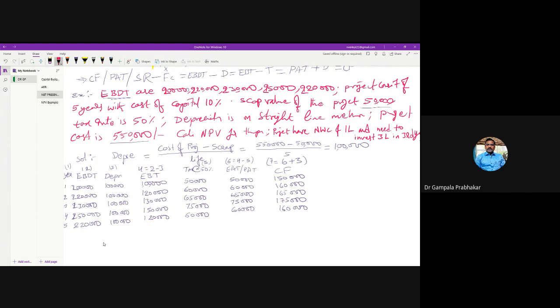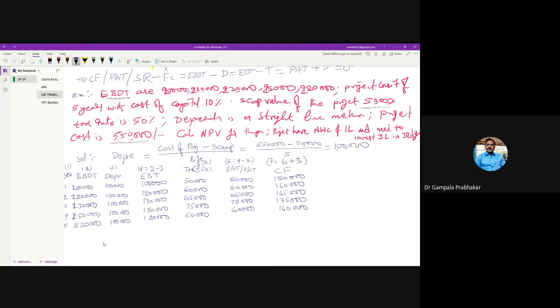Third year means, the net working capital is 1 lakh and the project outflow, one more time you need to invest in the third year. In the third year you have to invest some additional amount. So there are two outflows for your project. So in such a case, how to solve this, let us see, right?